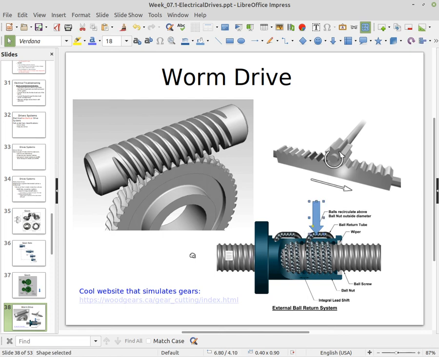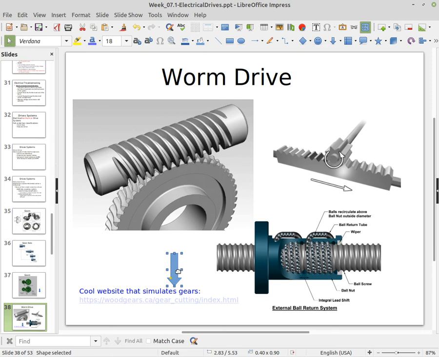Now there's a really interesting little website shown at this link here. This guy provides this website showing the different gears, and he's actually got some simulation to it, but it's focused on creating gears by cutting them out of wood for various applications.